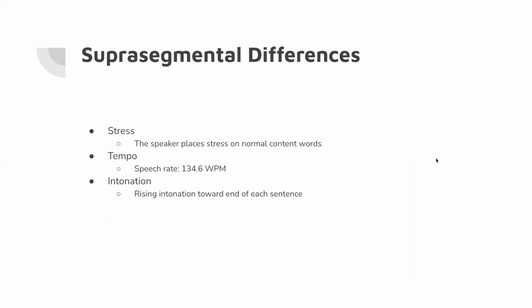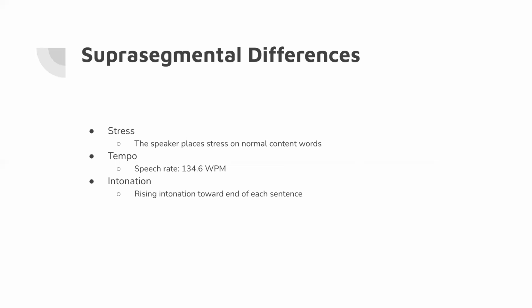And then for the suprasegmental differences, we noticed that the speaker places stress on normal content words. And then the tempo, the speech rate that the speaker was speaking at, was 134.6 words per minute, which is kind of low for an average speaker who's reading.